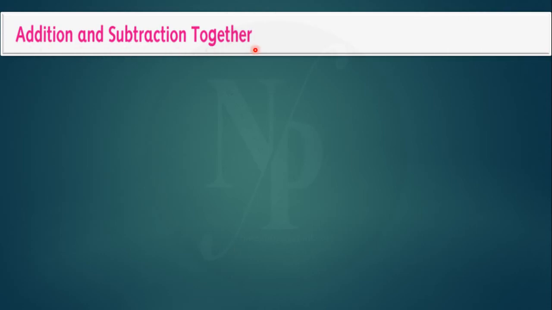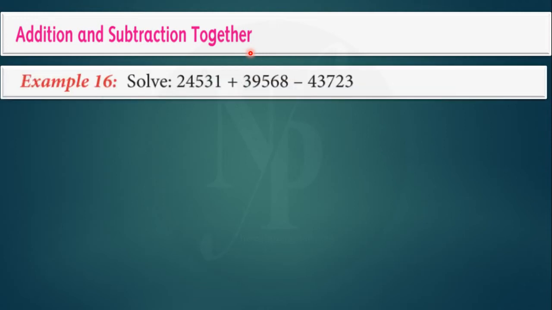Addition and subtraction together. So in some problems we come across that addition and subtraction both are involved in a single problem. Let us see an example for understanding addition and subtraction together in a problem.